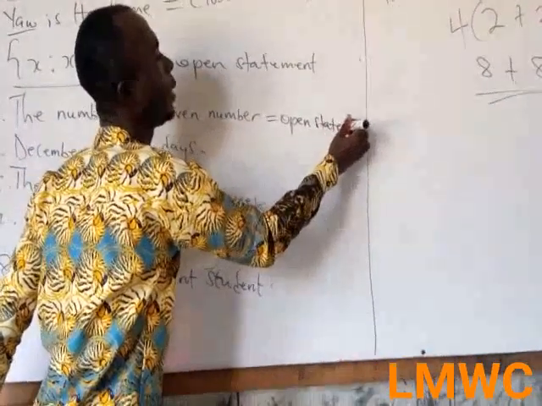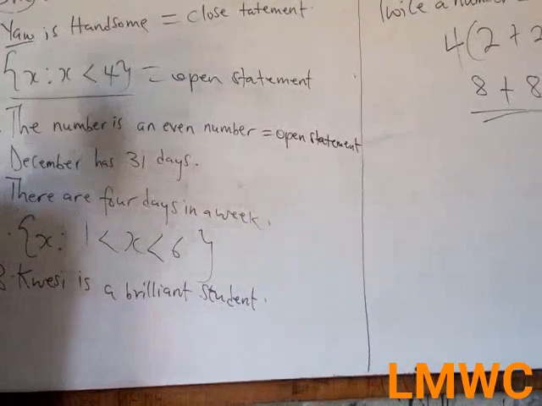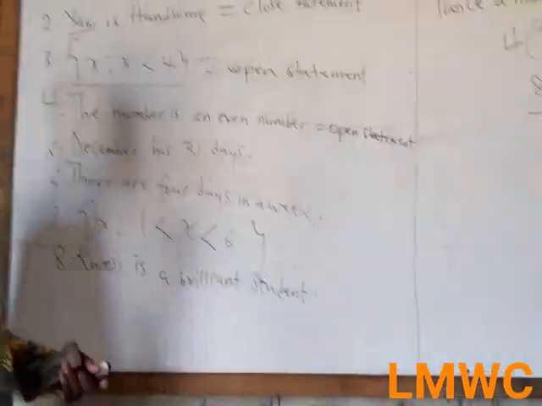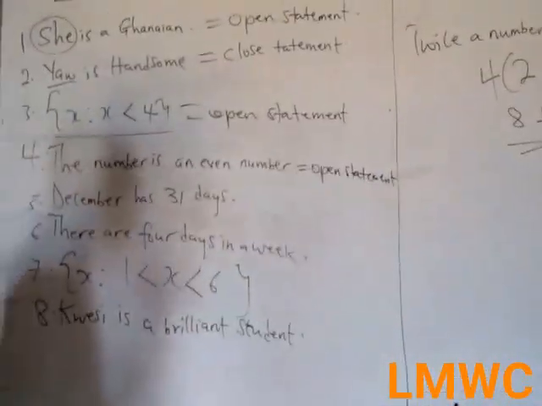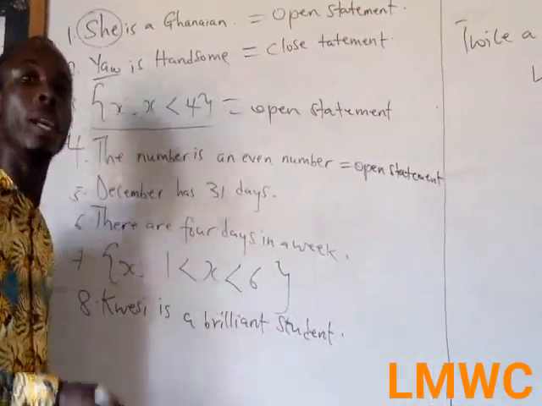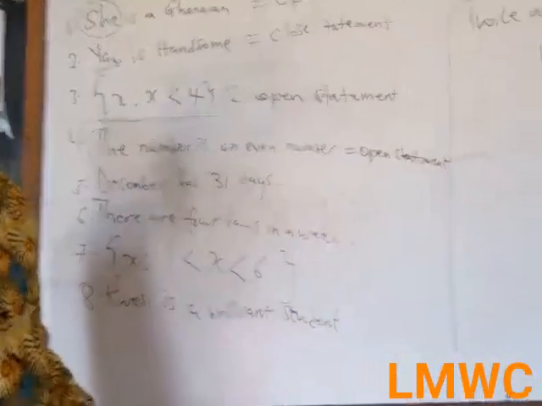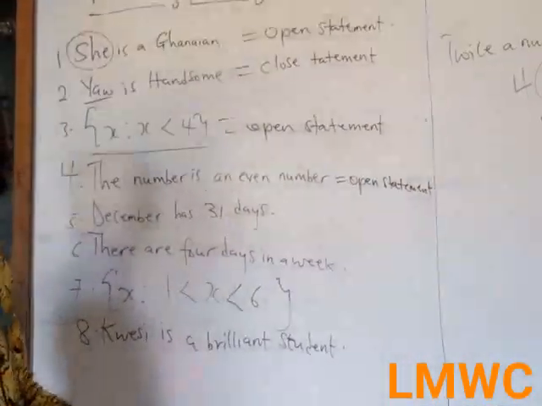But if they said 2 is an even number, this time it makes it a closed statement. Take note. 2 is an even number. It makes it a closed statement because it is giving us the true value. But now it's saying the number is an even number.